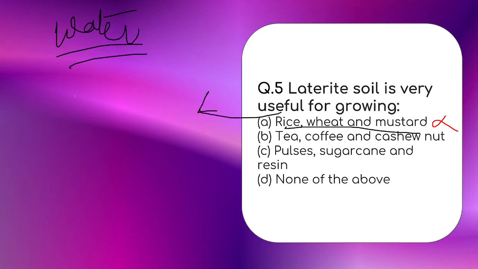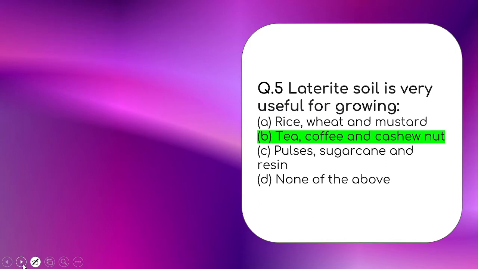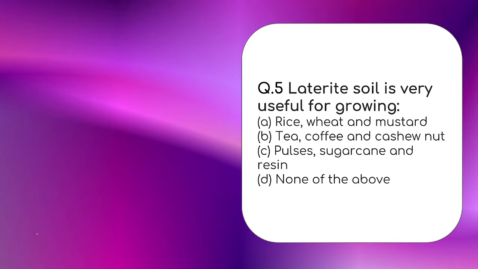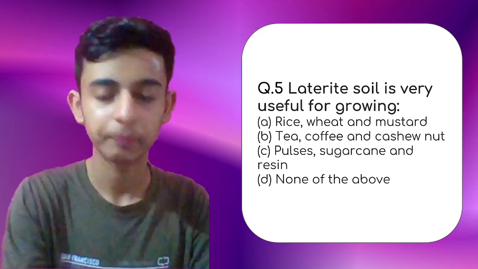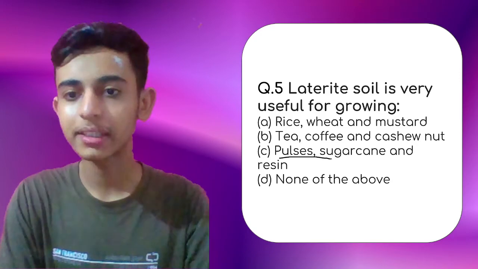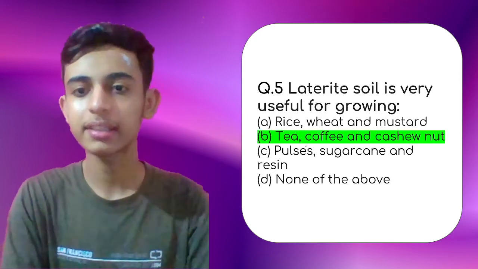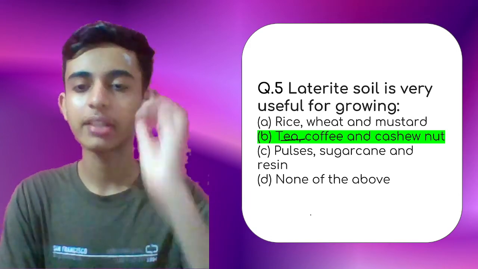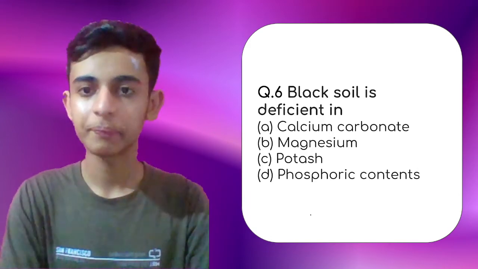There are some temperature based conditions. So what should your correct answer be? Pulses, sugarcane and raisin wouldn't be the answer. The answer is tea, coffee and cashew nut. These can be grown in the laterite soil, right?